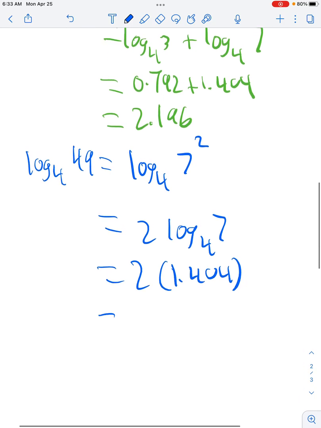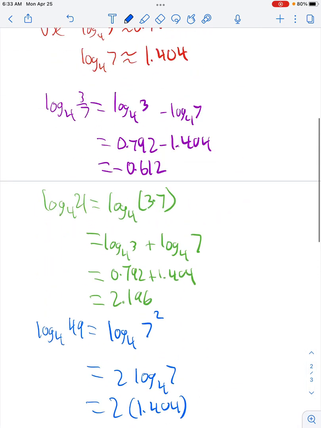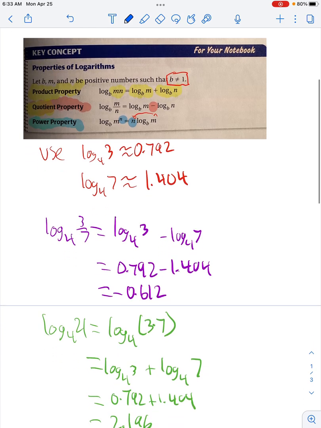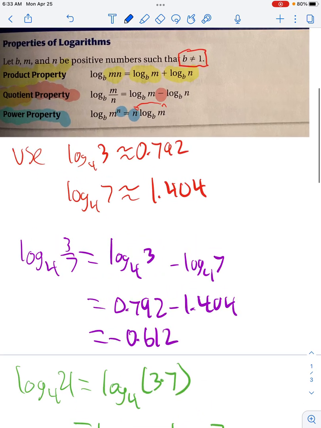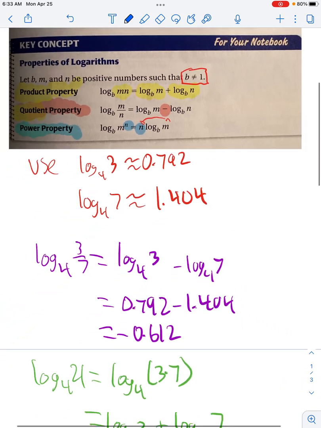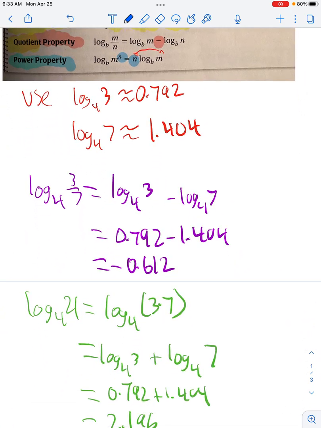If I multiply that by 2, I get about 2.808. So real quick, 3 different examples going through the 3 different properties. I used what I knew to then manipulate and substitute into the problem.